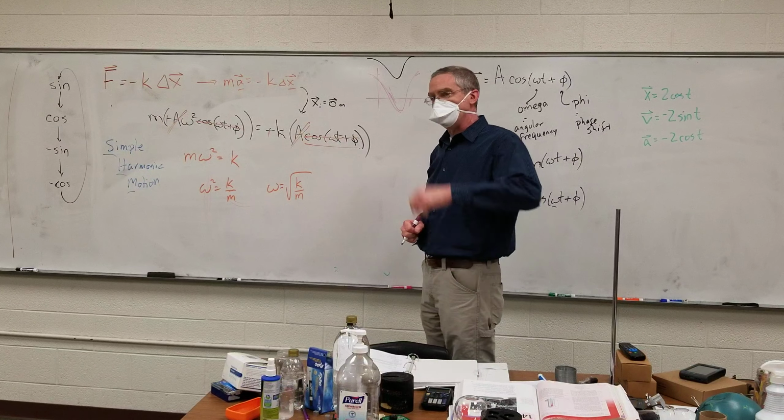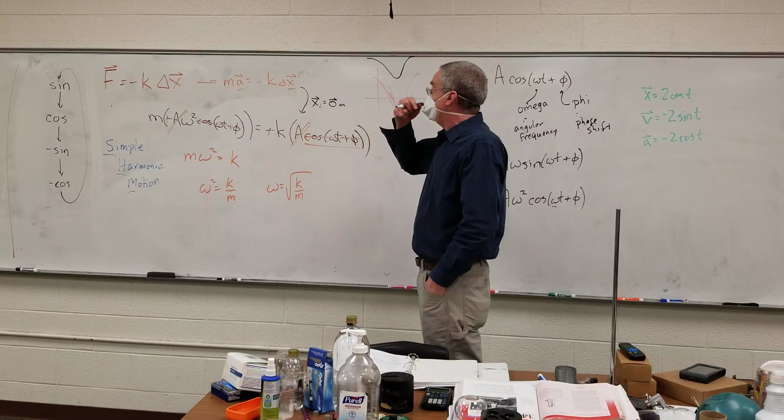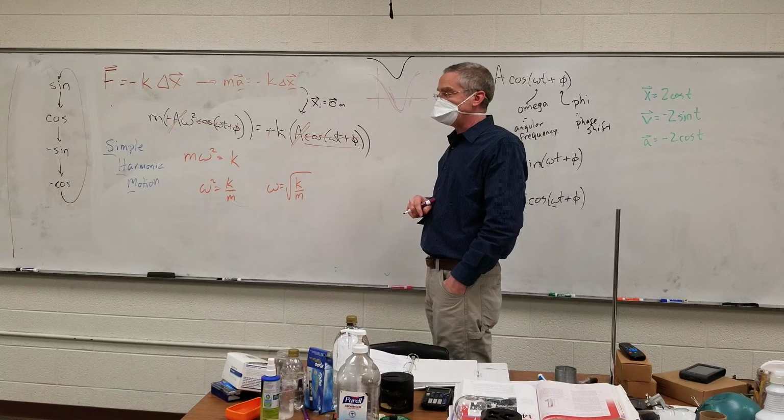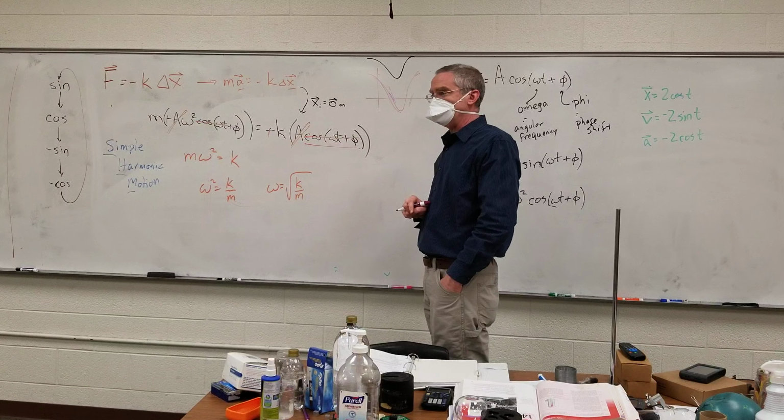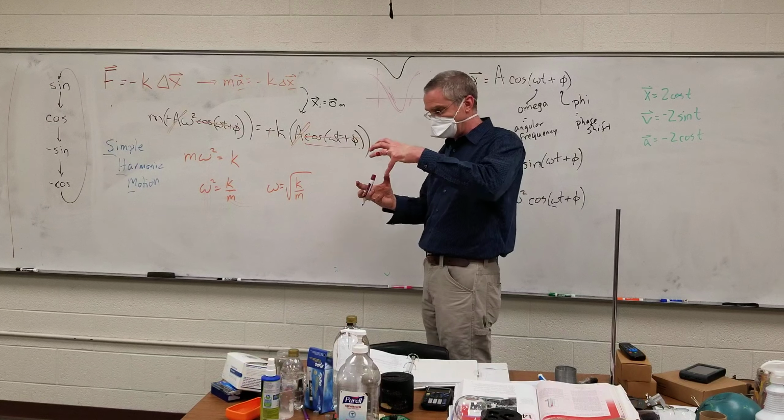The harmonic motion means that it's moving back and forth, it's oscillating, we have this repetitive motion going on. It obeys Hooke's law, that is part of it. And the simple piece is the fact that it goes on forever, or until something physically stops it.